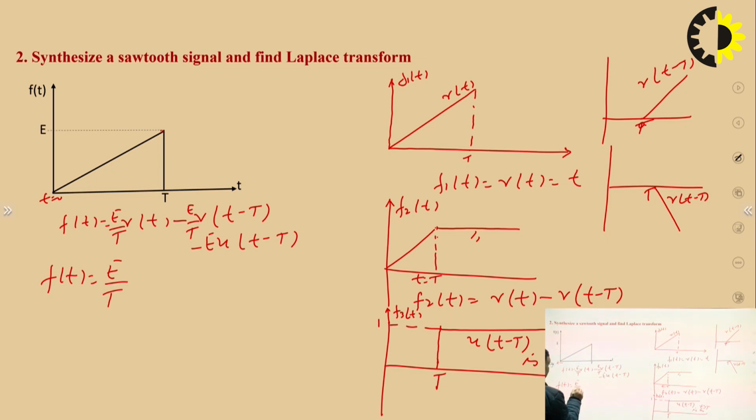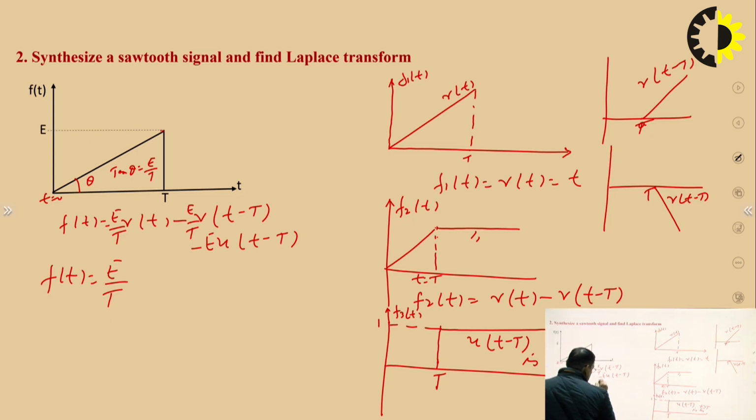So finally the waveform synthesis of this waveform is E by T, which is nothing but the slope of this line. This is your theta, so tan theta is equal to E by T, which is the slope of the line, and we deduct the same slope E by T at t is equal to capital T. So we are adding a shifted ramp with negative slope, and then this line becomes horizontal, or parallel to the time axis.